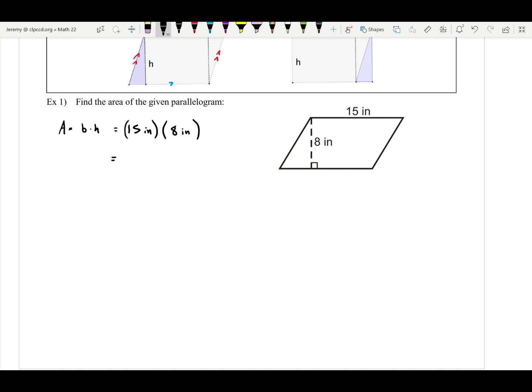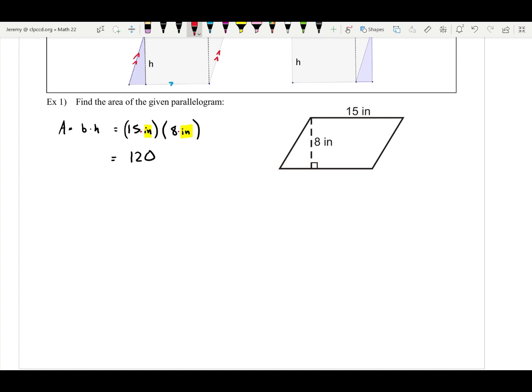Okay, and I will multiply these together, and I'll get 120. And for the units, I'm going to multiply inches times inches. Like this is multiplication all the way across, right? This is multiplication technically between the 15 and the inches and between the 8 and the inches, right?